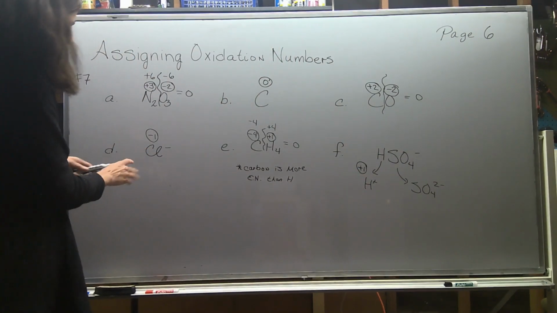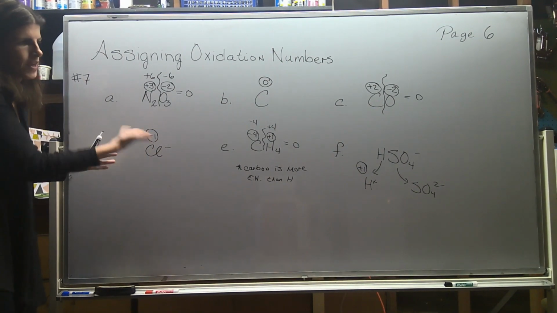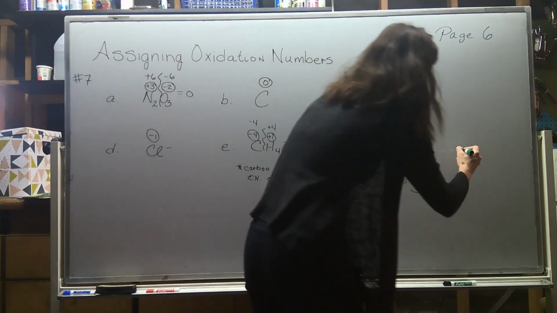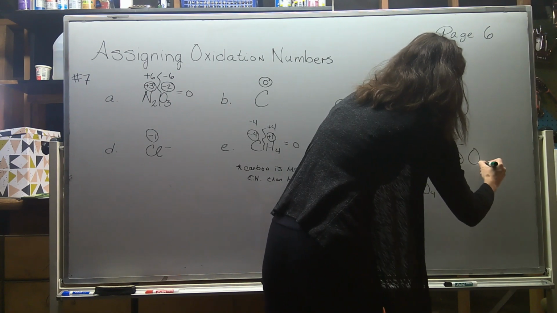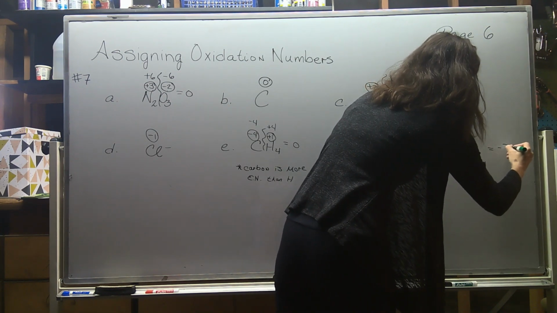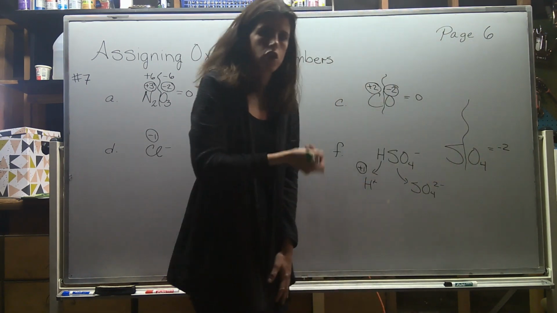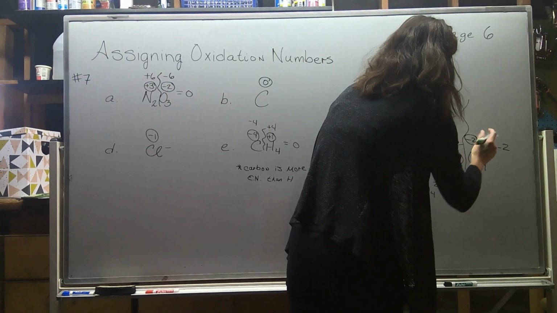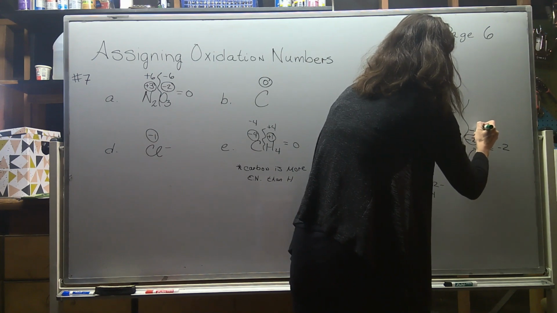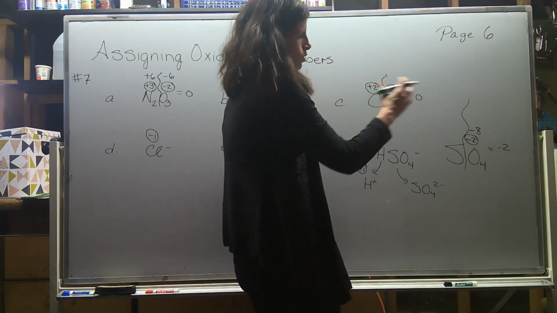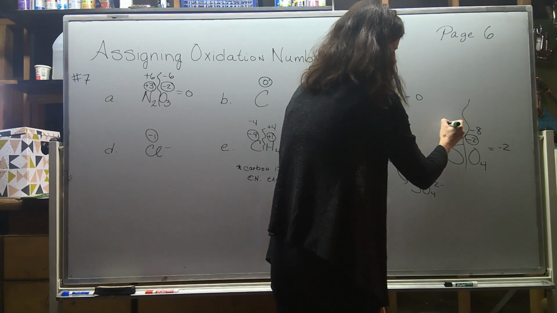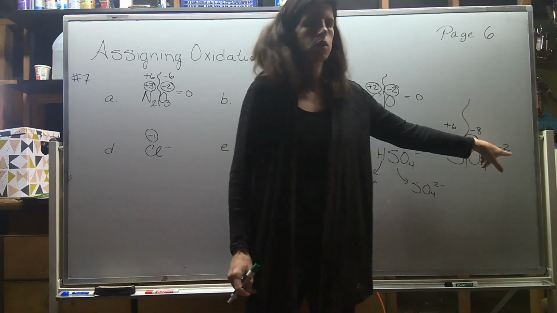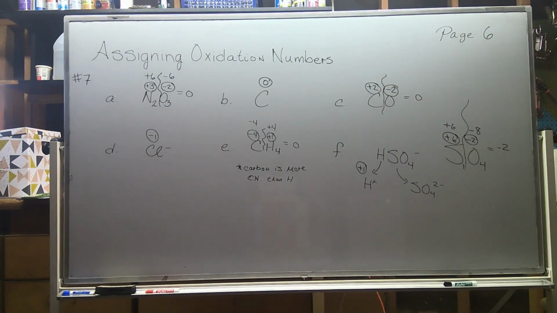It's very similar to letter D, where it's just one thing, so the charge and the oxidation number are the same. The sulfate has to equal -2, because sulfate has a charge of -2. I'm going to do a -2 on my oxygen. -2 times 4 gives me -8, which means on the other side, I need a +6, because +6 -8 will give me the charge on the sulfate.